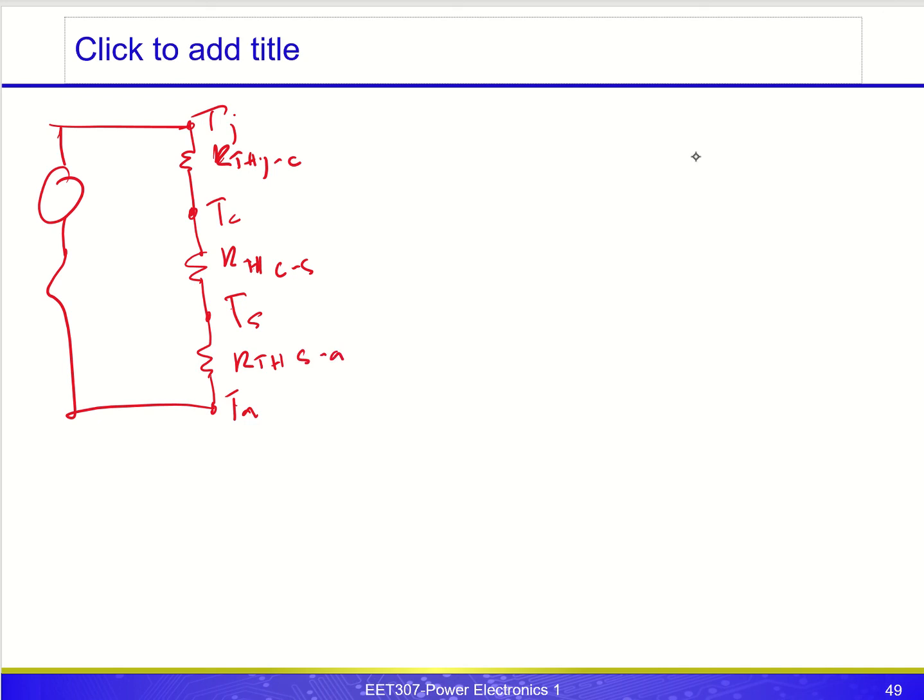So the value of the TJ is equal to 80 degrees Celsius. The value of the RTH JC is equal to 1.25 degrees Celsius per watt.